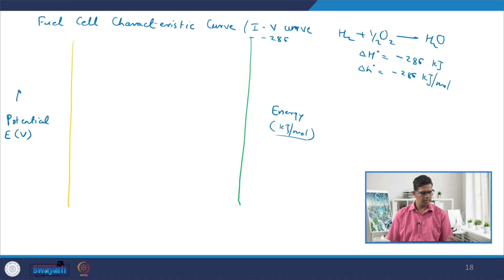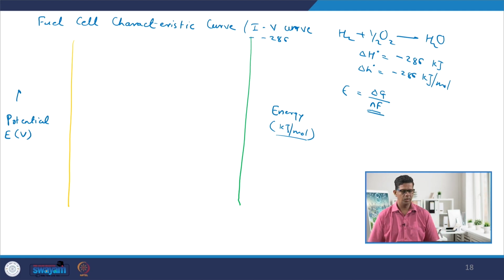If I convert this into the respective potential, we already know how to convert between the energy and potential verticals. If we want to find the reversible potential, we have to divide the energy term by nF. As we have discussed before, nF acts like a carrier between the energy and the potential vertical.